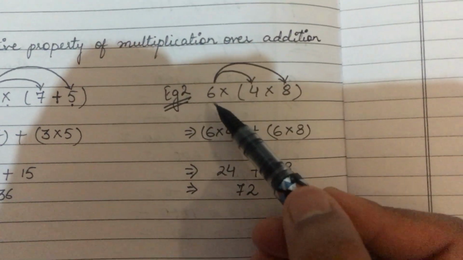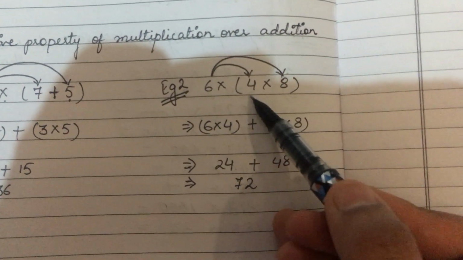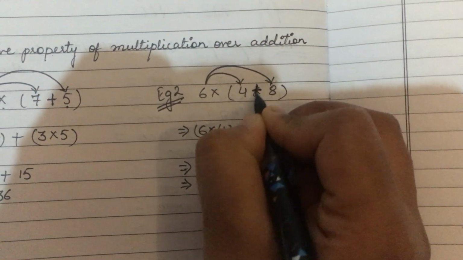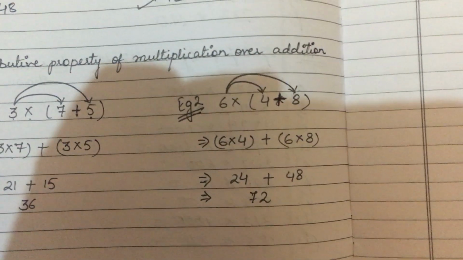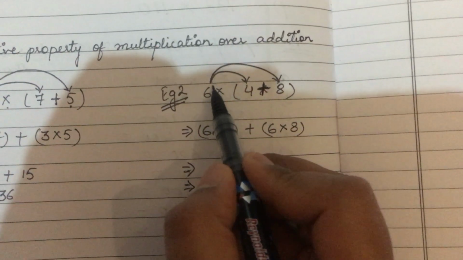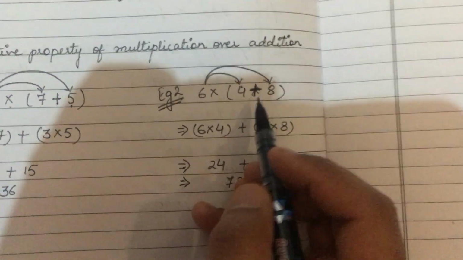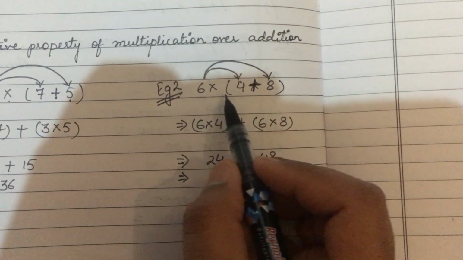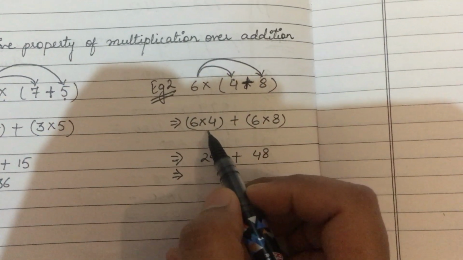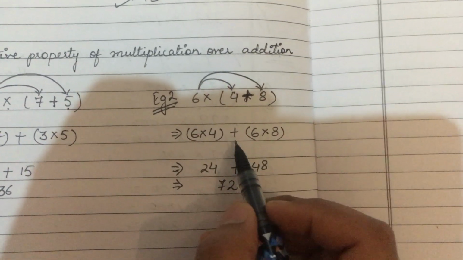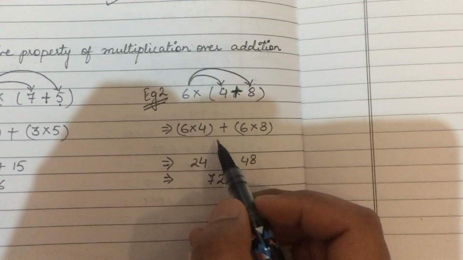Now here, 6 multiplied by 4 plus 8, children. Now 6 will be distributed with 4 and with 8. Let's see how. 6 multiplied by 4 in the first bracket, and 6 multiplied by 8 in the next bracket, and in between we will put a plus sign.